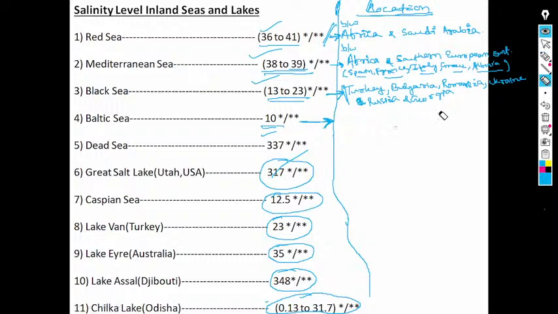It is Estonia, Latvia, Lithuania, then Sweden and Finland. These are the main countries where the Baltic Sea is present.